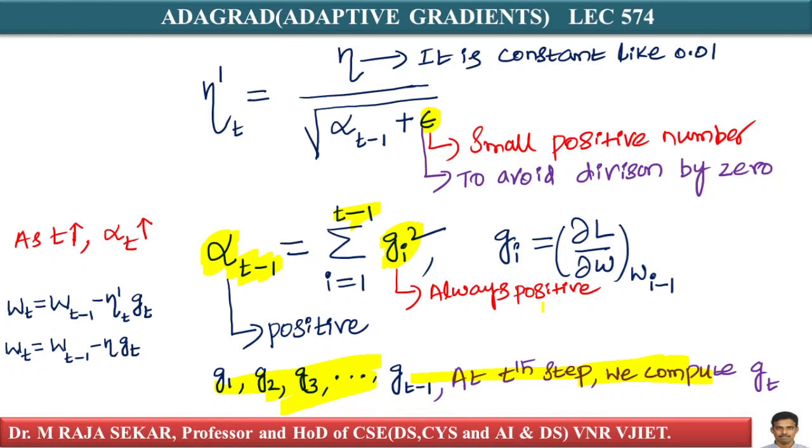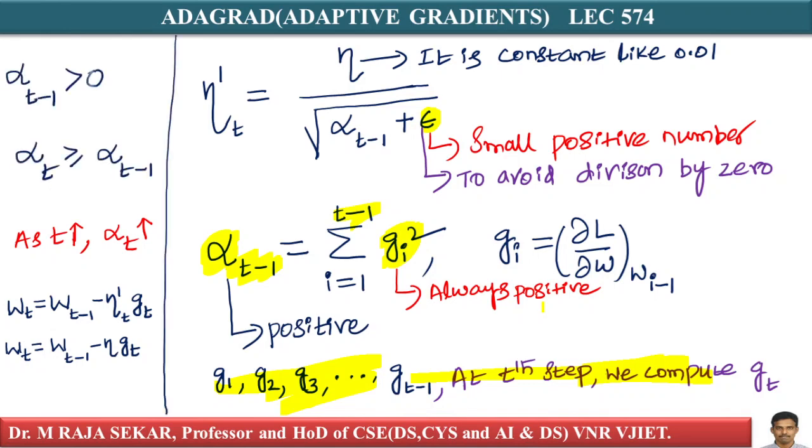By adding up all of the squares of the gradients, you will get alpha t minus 1, which is always positive, greater than 0. Also, as the iteration number t increases, your alpha t also increases, because you are summing up positive numbers.